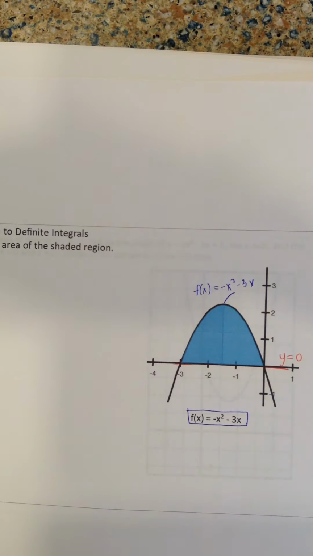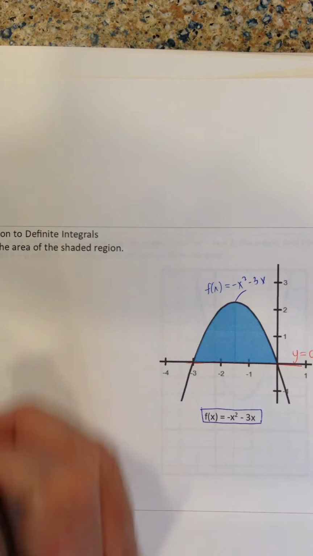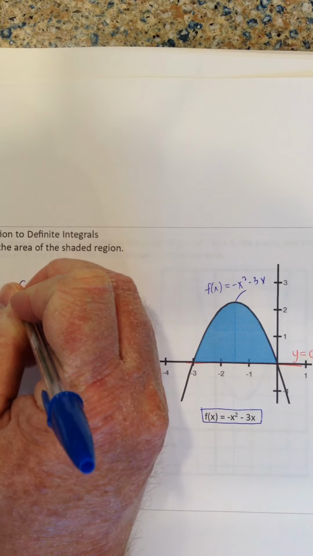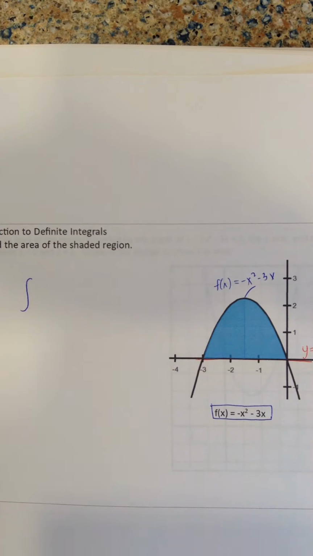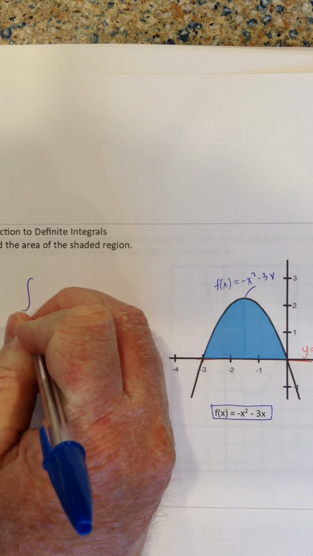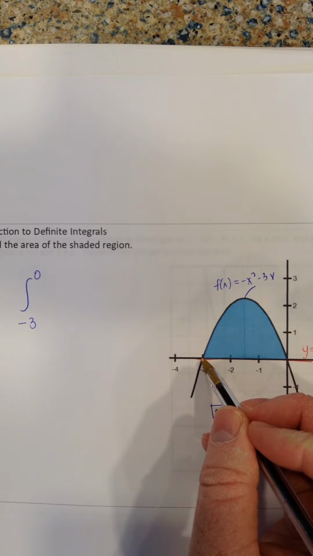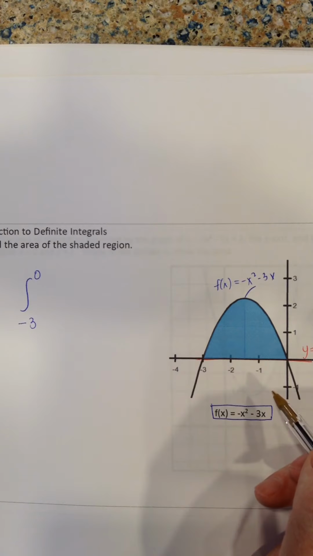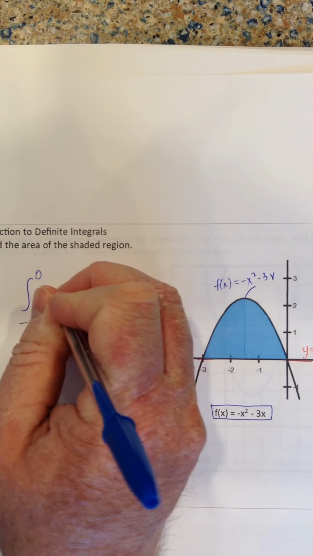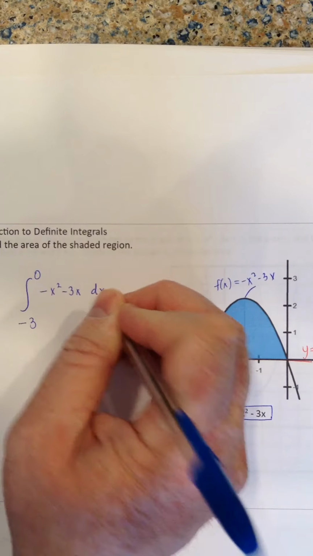Okay, so what I want to do is find the integral, because an integral gives you area. Now, the integral goes from negative 3 to 0, because that's where the curve f of x intersects the x-axis, and it's negative x squared minus 3x dx.